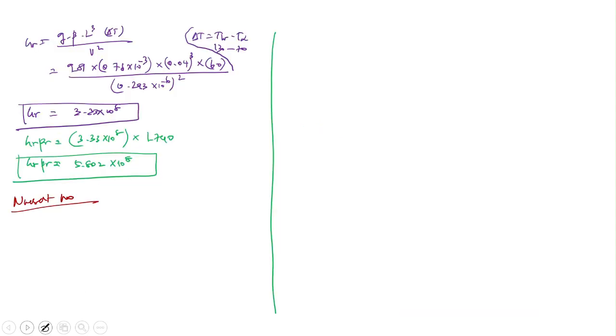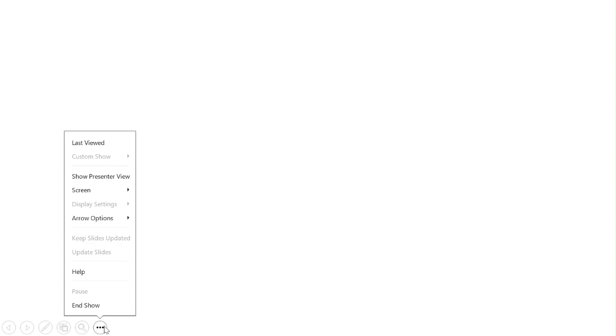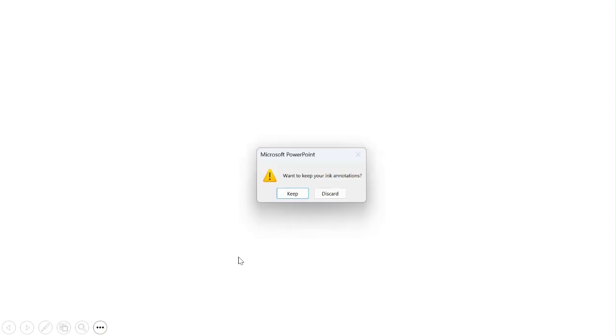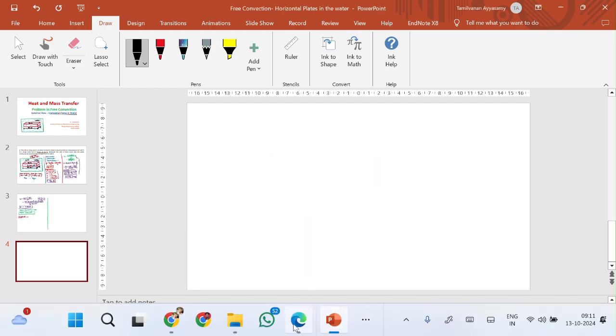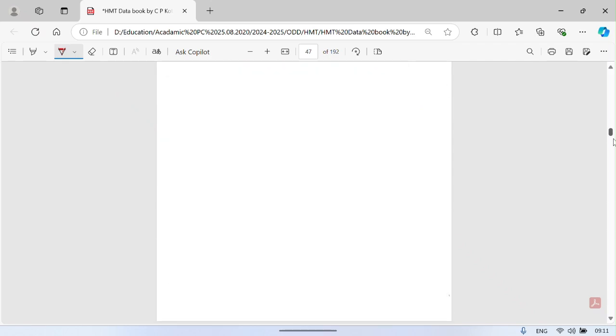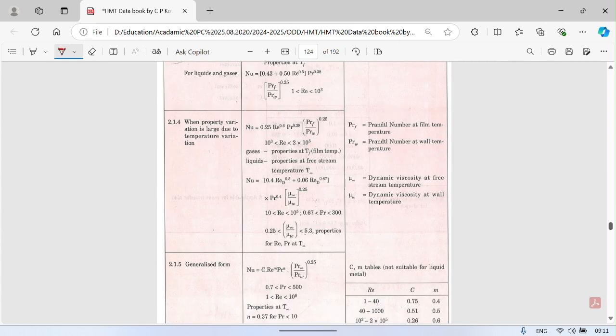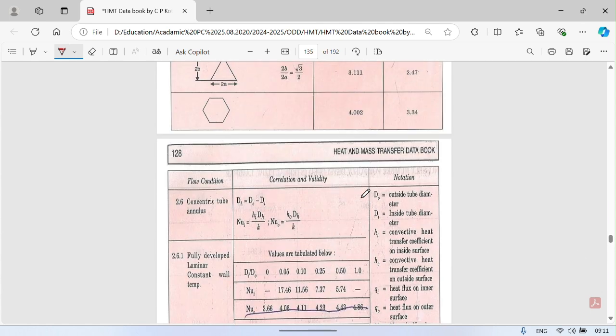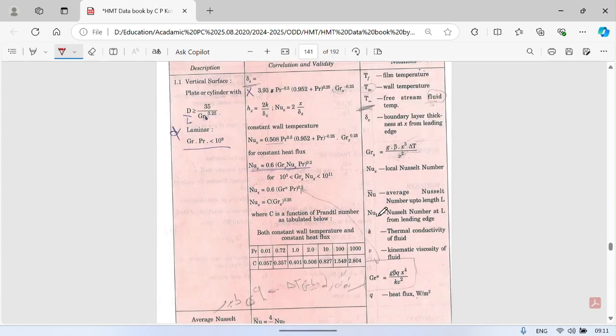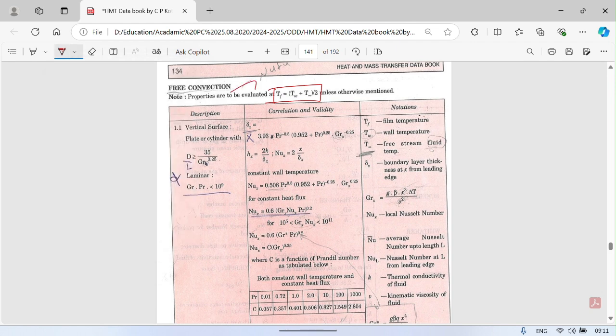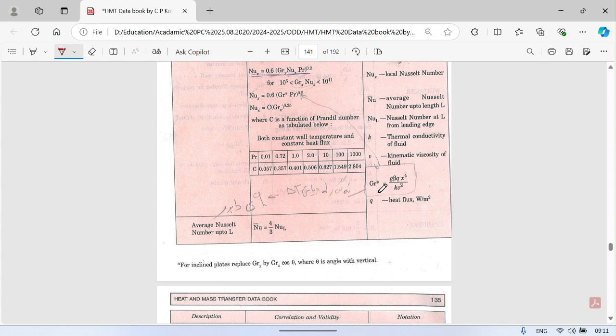So for that category of horizontal plate, in the data book, in the free convection page, it is less than 10 to the power of 9.